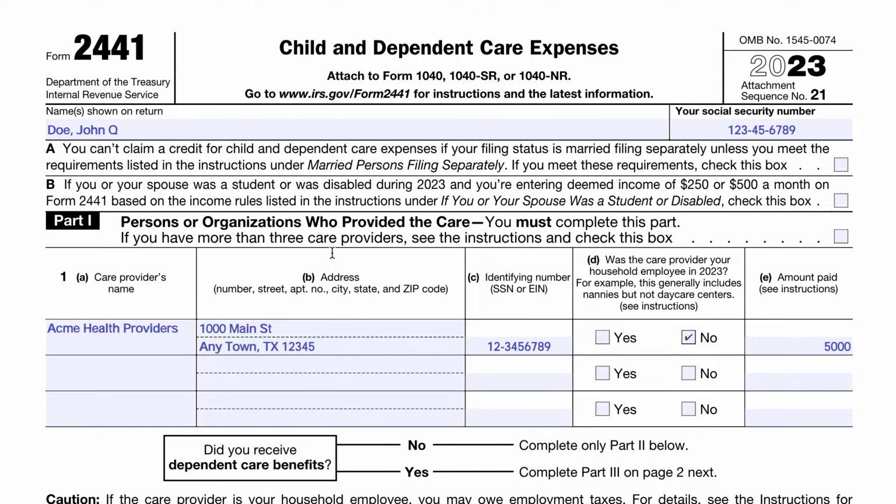Two, your disabled spouse who is not able to physically or mentally care for themselves and lived with you for at least half of the year. Technically more than half of the year, which means at least half of the year plus 1 day.